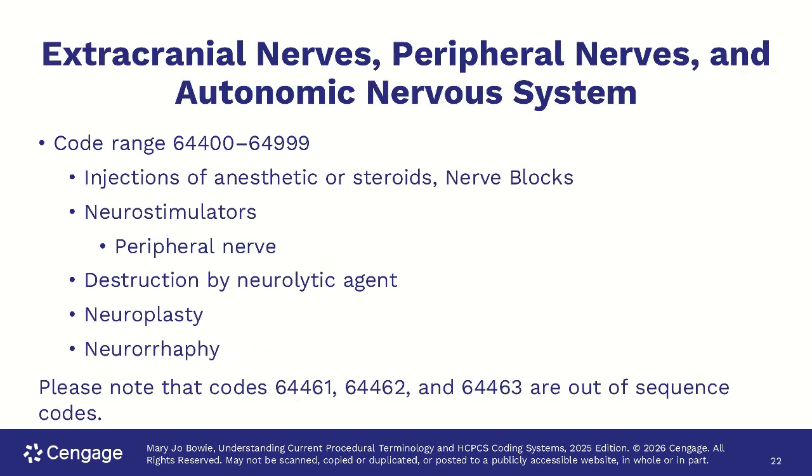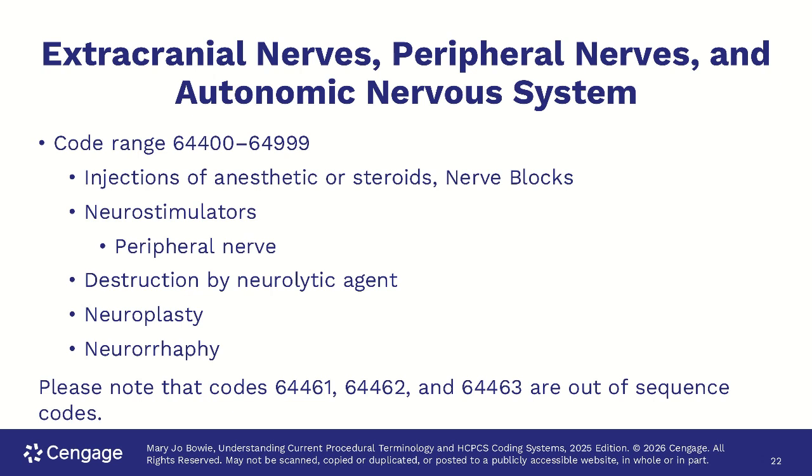All right, next up we have extracranial nerves, peripheral nerves, and autonomic nervous system. And here you have a range of codes that's subdivided into a bunch of stuff. So, introduction, injection of an anesthetic agent, nerve block. Of course, you have more neurostimulators.